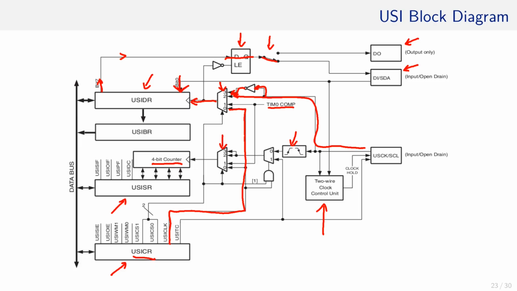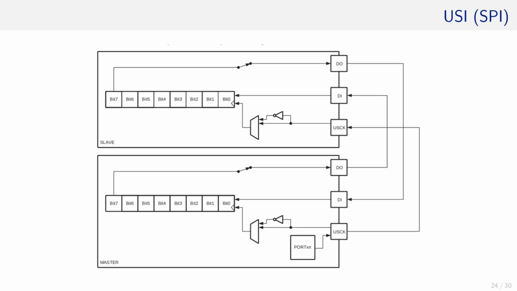Important takeaway is that the USI gives some support, but many controls need to be implemented in software. Let's have a look at some examples. First, the SPI, which is one of the easiest. Literally, put data into the USI DR and start clocking it. Here, DO and DI are used to build one MOSI and MISO pair.